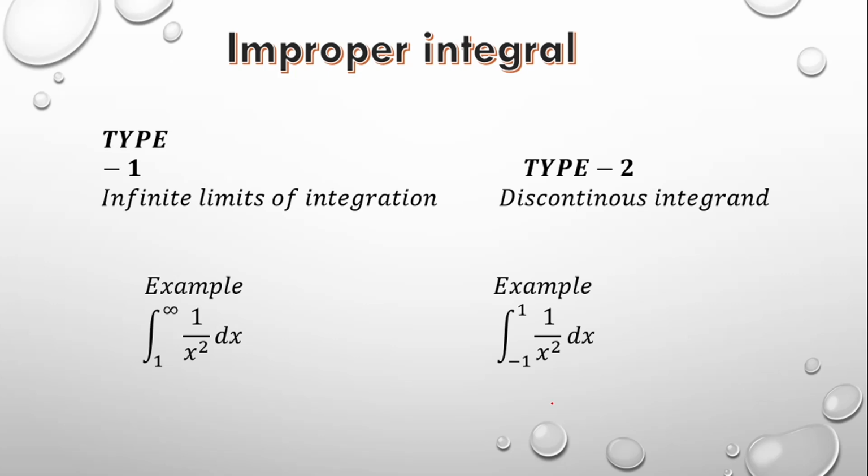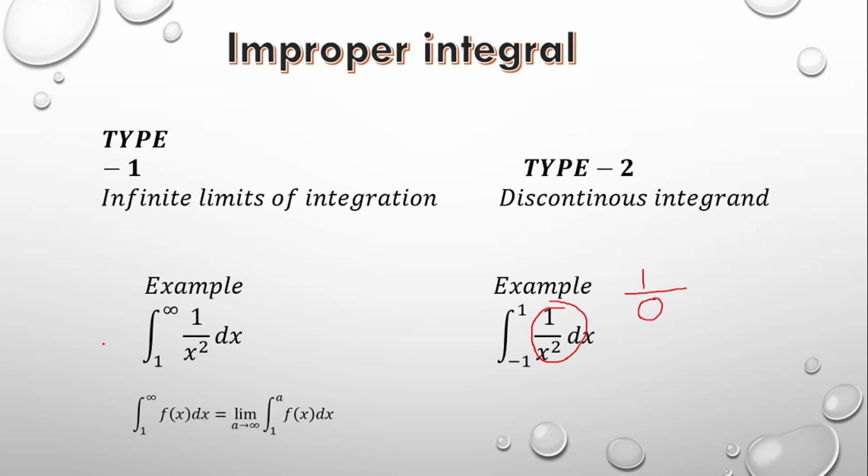When you put 0 here, it makes the whole function undefined, because you get 1 over 0, which you cannot work with. That's why we call it discontinuous. There's a discontinuity in the interval.